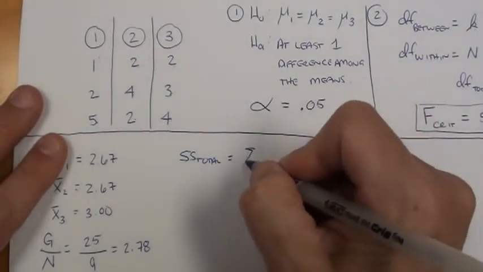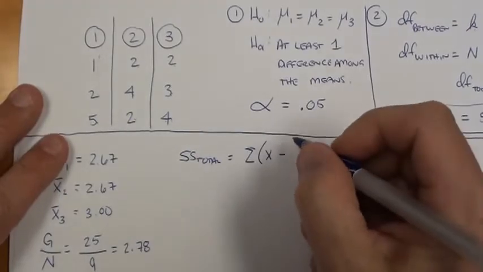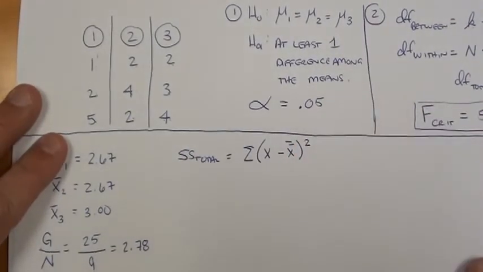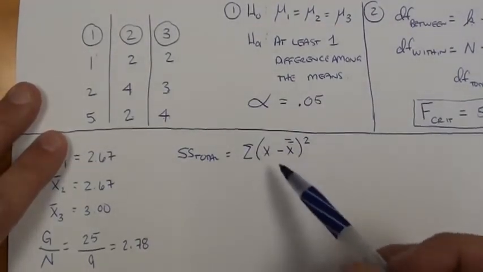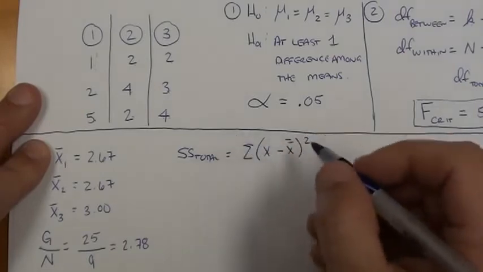It's going to be the sum of each score minus the grand mean squared. Okay? So this is the sum of the squared deviations from the grand mean.